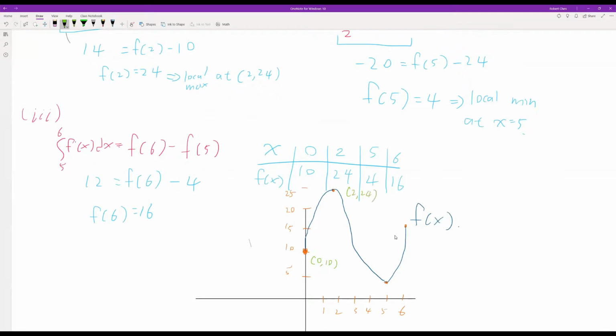So I'm just going to label these points. And again, we have our local max at x equal to 2 and 24, local max, and the local min here, 5, 4. Okay, and that's it.